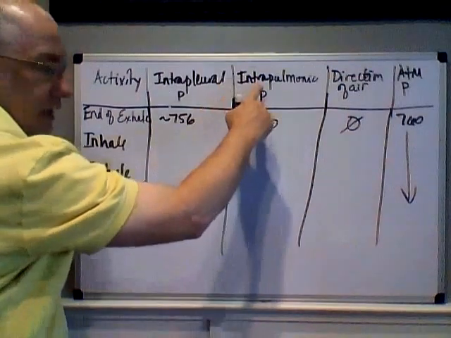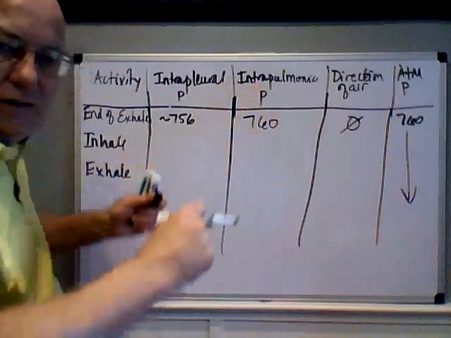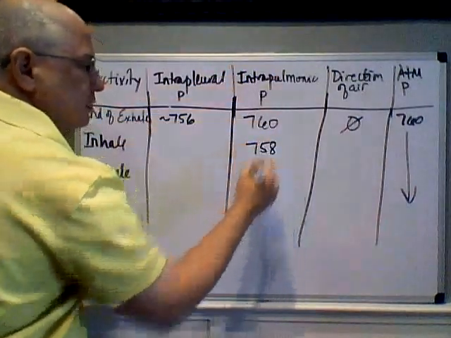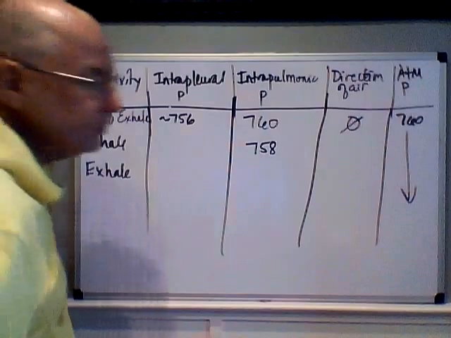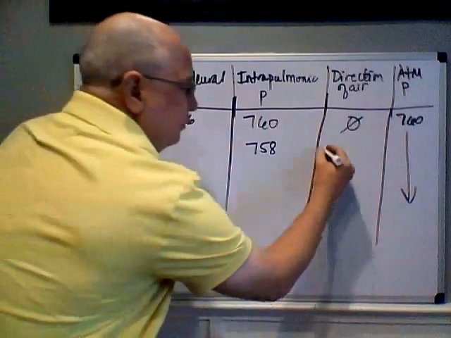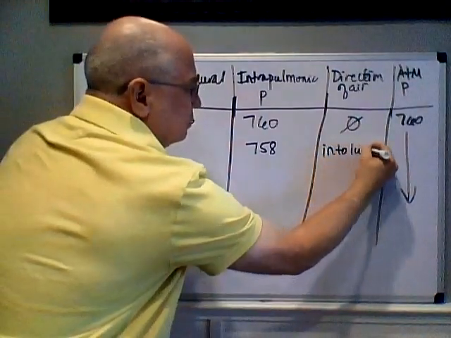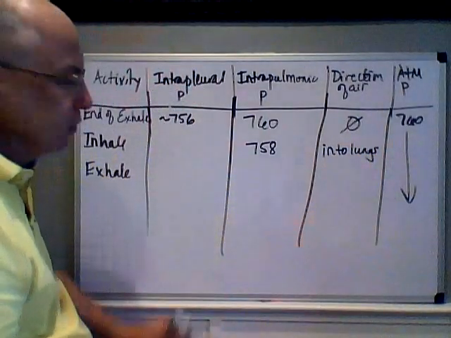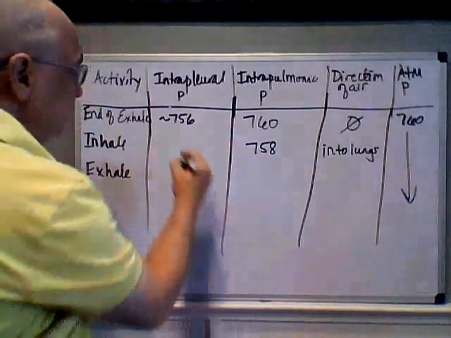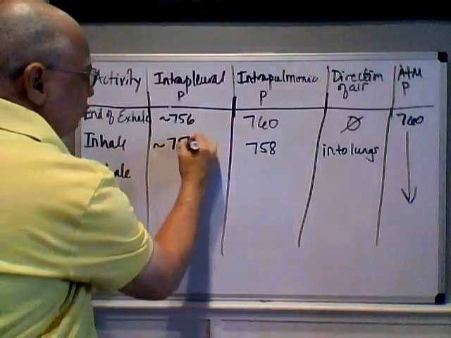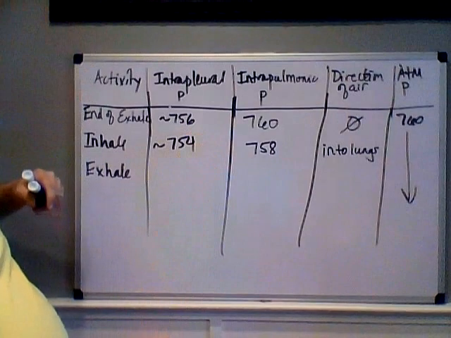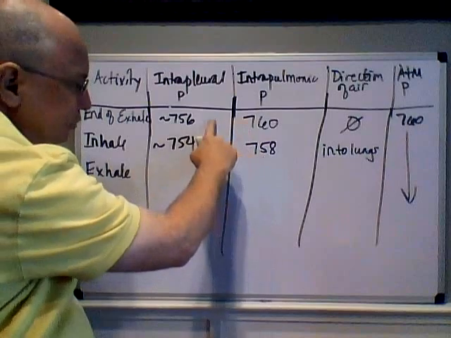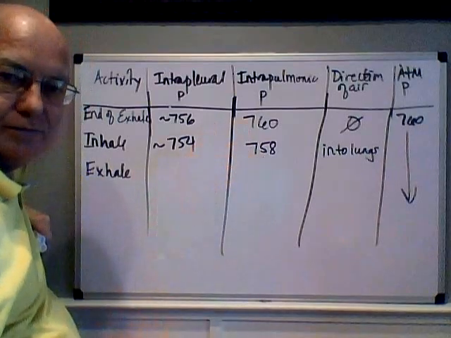Now look what happens when I inhale. When I inhale, if I increase the volume of the thoracic cavity, the pressure in the thoracic cavity drops to 758 millimeters of mercury. The air is actually going to move into the lungs because it's lower than the atmospheric pressure. So one of the things to note here is that this pressure drops to about 754 millimeters of mercury. It drops down. Whatever is happening to intrapulmonic pressure, intrapleural pressure is always lower.